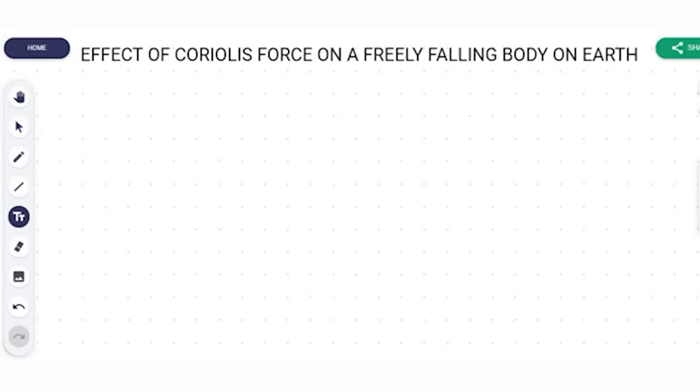If you assume a body on the surface of the earth is in motion, it could be a freely falling body, it could be wind, it could be flowing water on the surface of the earth. With respect to earth, in an ideal case, we assume earth to be an inertial frame.